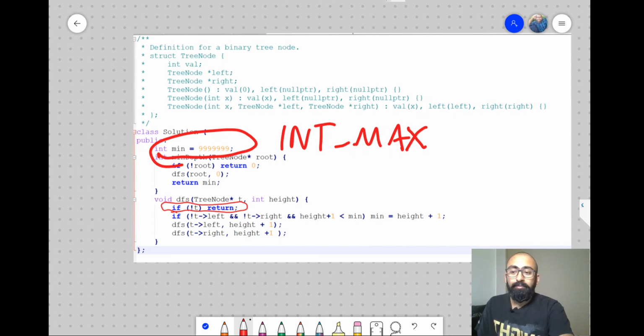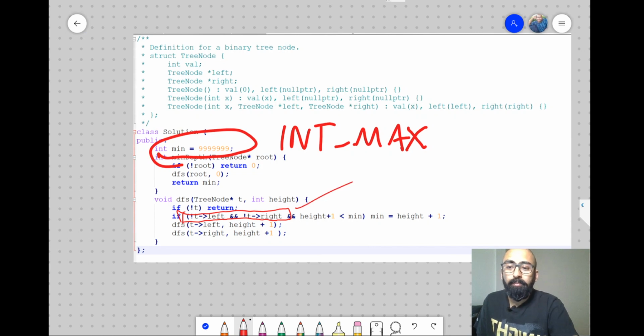If you reach a null node, just get out of there. You have no business being there. But if you've reached a leaf node, and that's the condition over here, okay? This leaf node here. Oh, that's ugly. So if you reach a leaf node, what do you do?